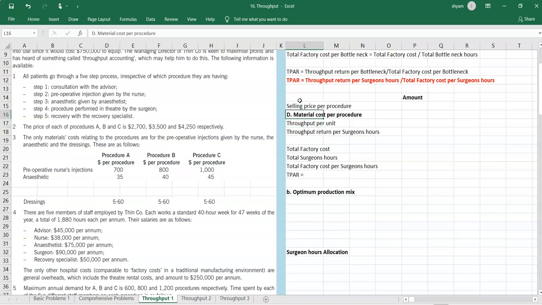So the material cost would be an addition of all these things. I think we'll put it here. So it's going to be 1,000 plus 45 plus 5.6.